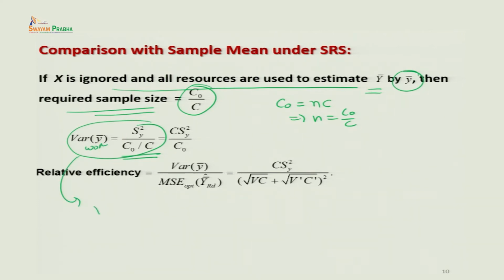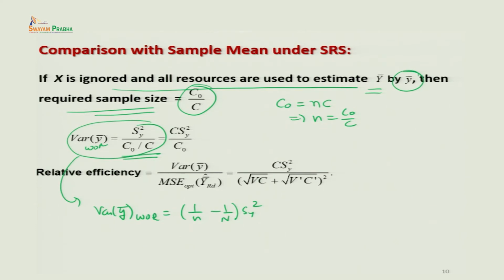The variance under WOR for this y bar is given by 1 upon small n minus 1 over capital N times Sy square. Now, since you are using the ratio estimation with double sampling, you are assuming that the sample size is pretty large, so that you can use the estimation technique based on the assumption that capital N is large.